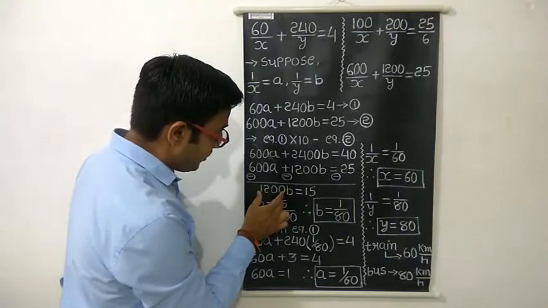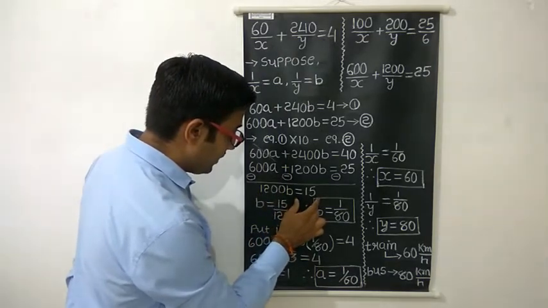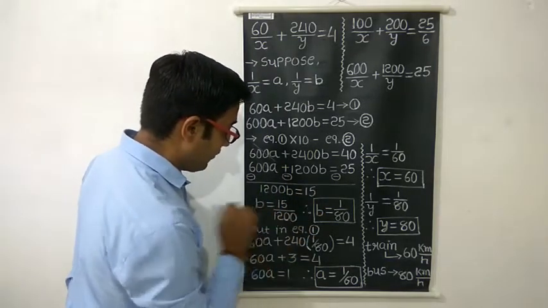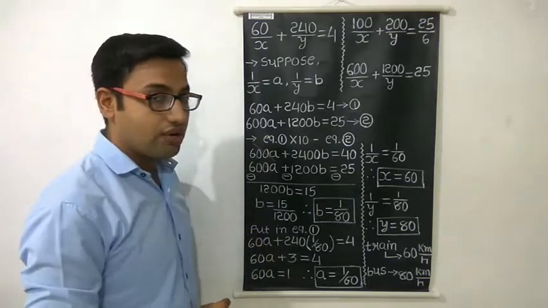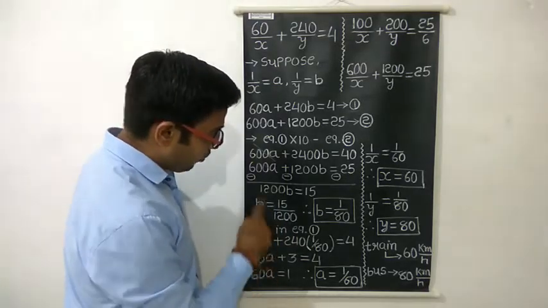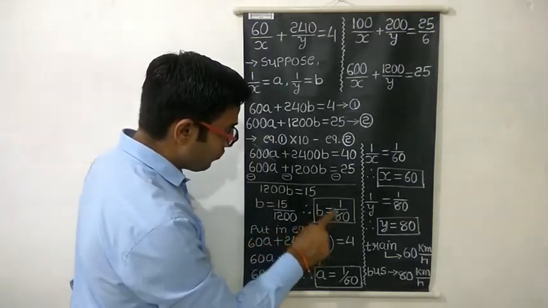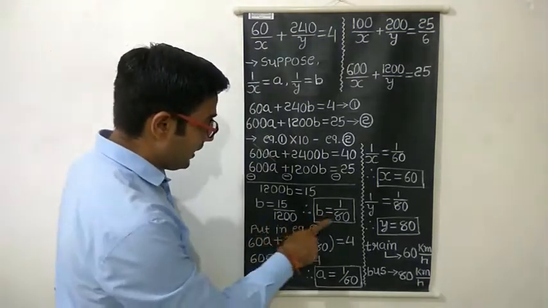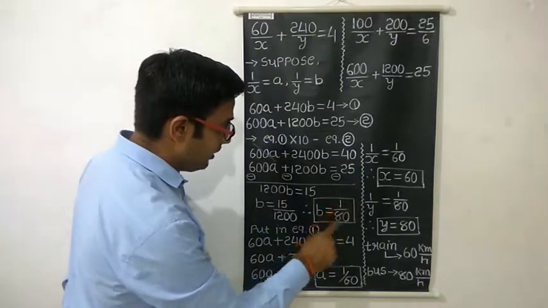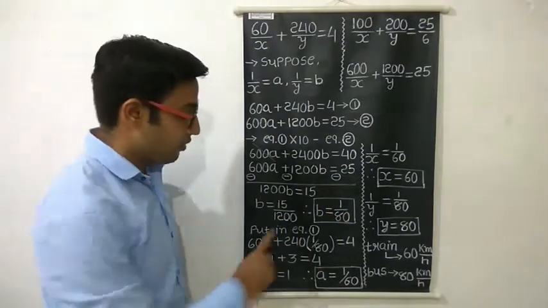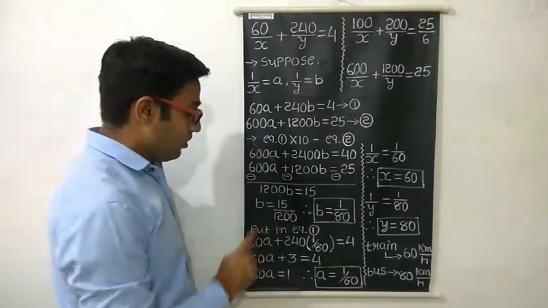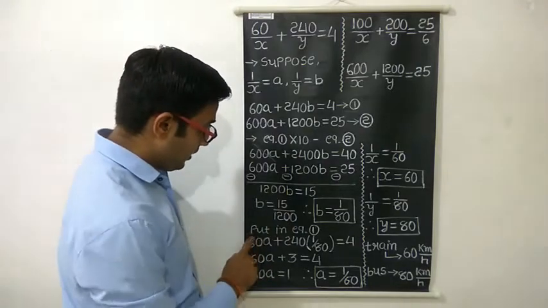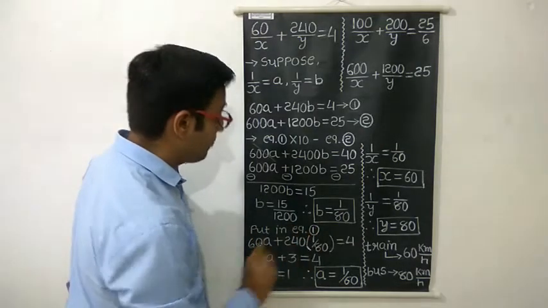So by taking this 1200 to the right hand side, it goes in the denominator. So b is equal to 15 upon 1200. By cancelling the common factor, we will get b is equal to 1 upon 80, right? Because 15 8s are 120, that is why it gives the answer 1 upon 80. To find the value of variable a, now we will put this value in equation number 1.